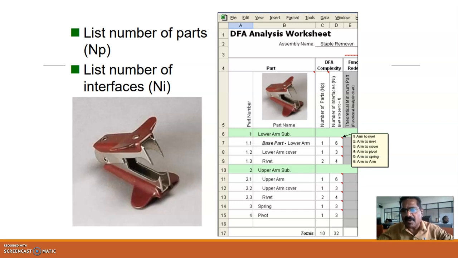What is the number of interfaces they have is what is written down here. For example, the base part: arm to rivet, another arm to rivet, arm to cover, arm to pivot, arm to spring, and then arm to arm. All these things, 6 interfaces are there. For the 6 interfaces, we list down all these interfaces in the second column.